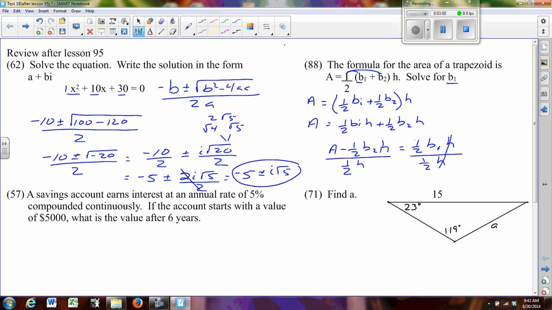That would have my half and my h's canceling out. So to finish this, I'd have b sub 1 equals a, and we can leave it in this form, minus 1/2 b sub 2 h all over 1/2 h. It's not the prettiest form, but we will accept that.